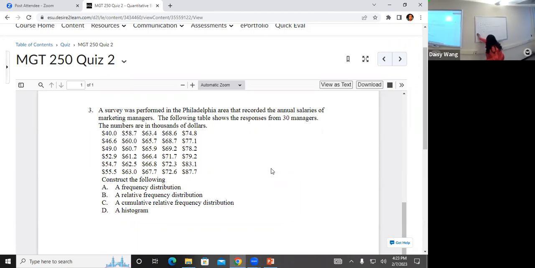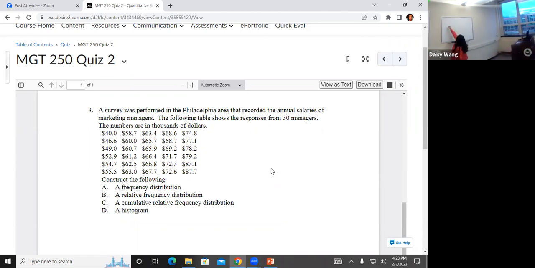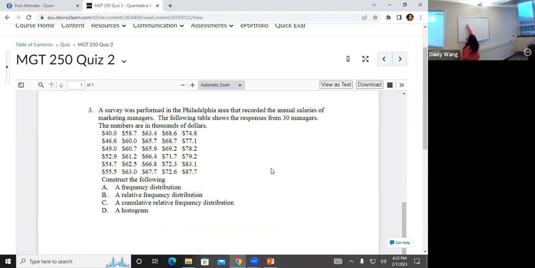So same as this one, right? 2 to the power of 5 is greater than 30. That is 32. So the K is 5. So for here, 87.7 is the largest number minus 40, divided by 5.